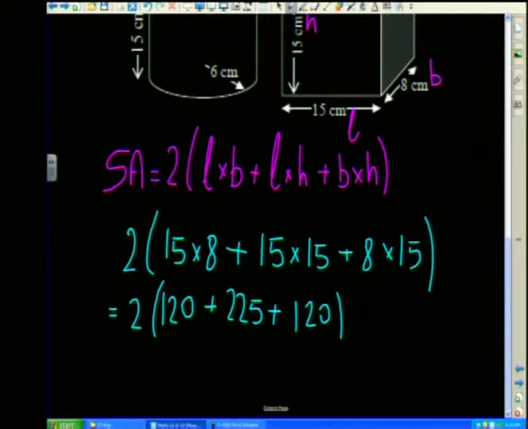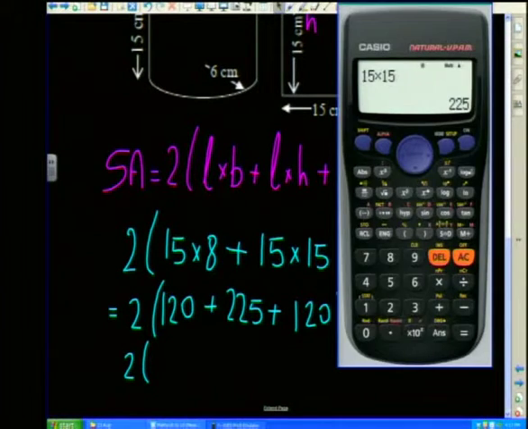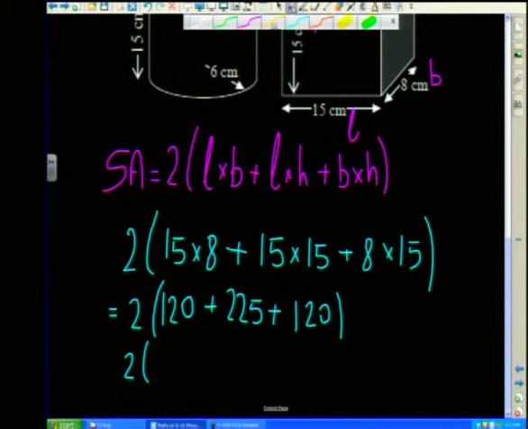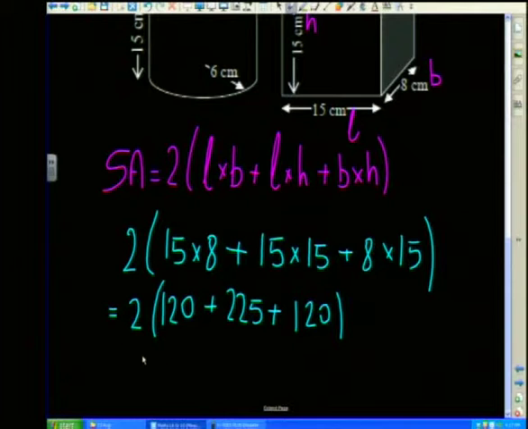And now if we add these all up and times by 2, we can do that in one step on the calculator. So I'm going to add the 120 plus 120 and times it by 2. So what do I get? 930. So my answer here is actually 930, and again, centimeters squared.